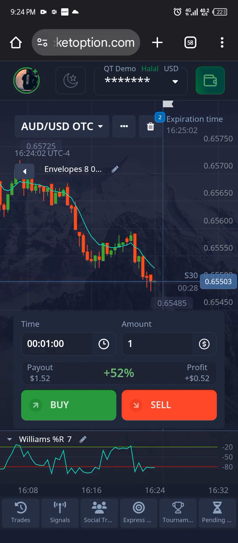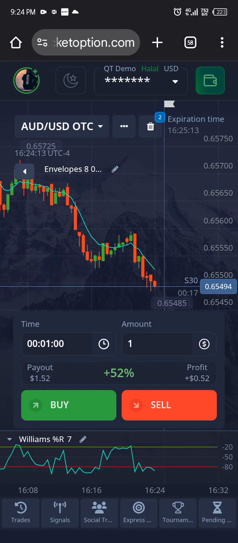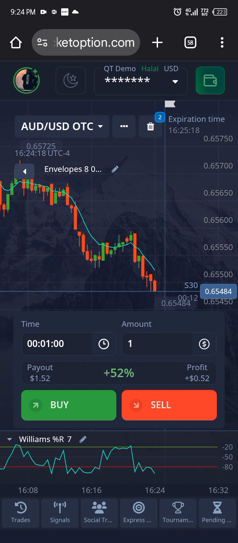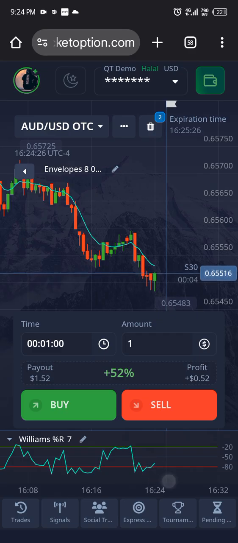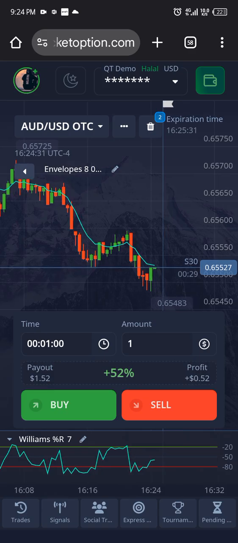How this Williams R7 is being used is, after you have finished checking your market trend, you analyze the market, you wait for the current candle. If you are looking for a sell trade, you wait for this moving average in the Williams R. If it's crossed below this red line and the candle closes, if the Williams R is below the red line, you execute your sell trade.